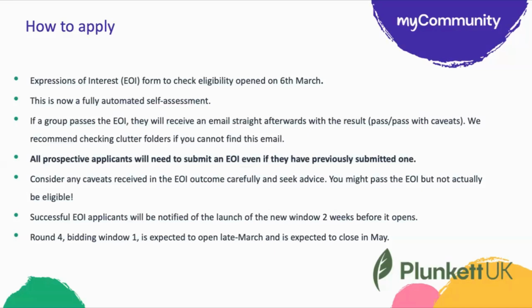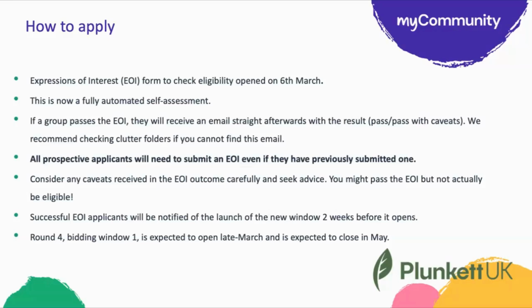If that's the case, you will get what's called an outcome. It's an email, so you get an outcome email, and it may highlight some risks to your full application, or it may just say, no, you're fine. But in either case, you will have a unique reference code, which you will require to input in your full application.